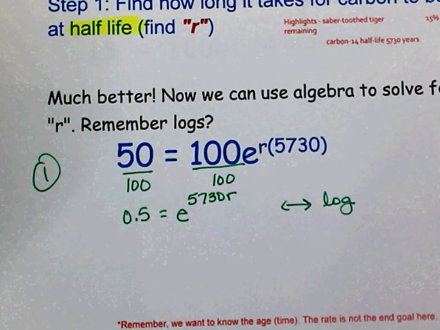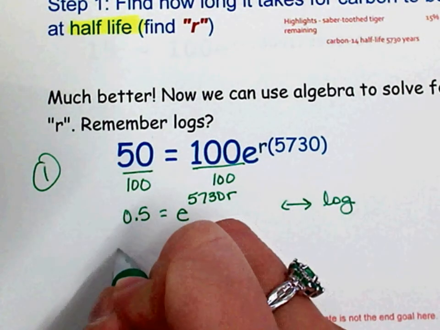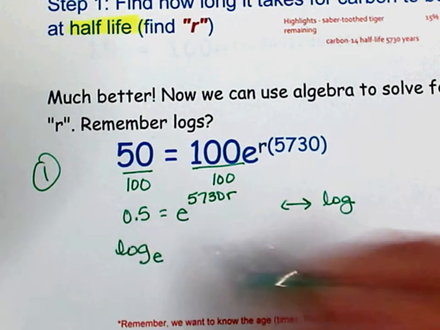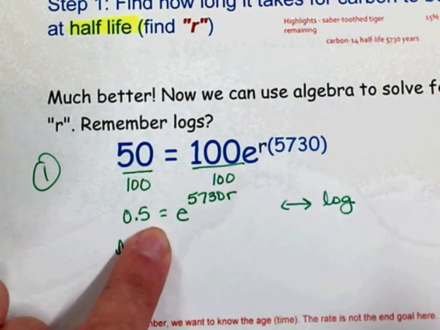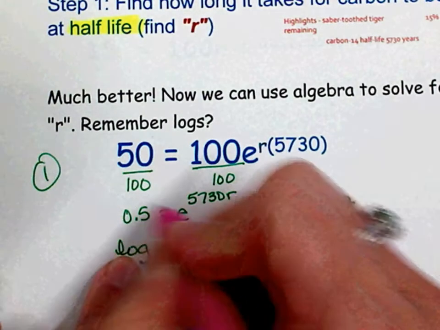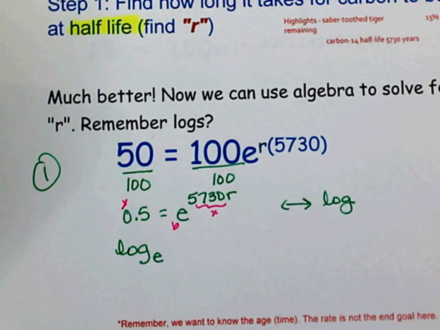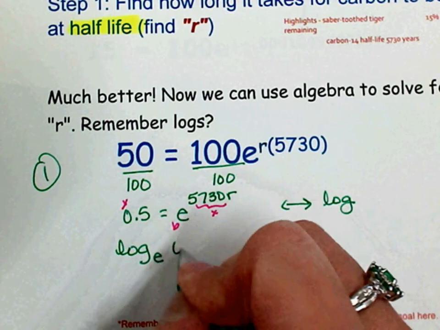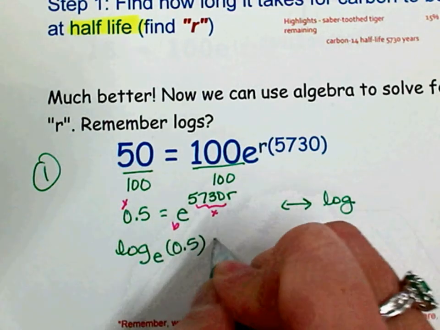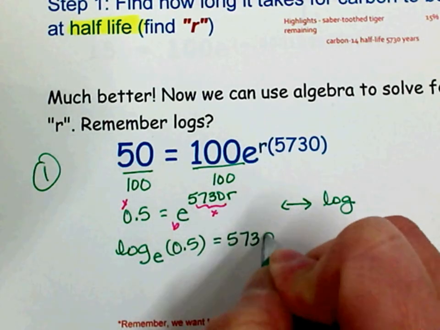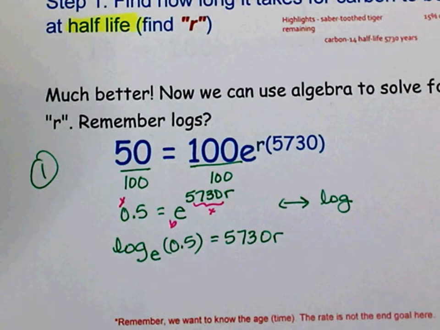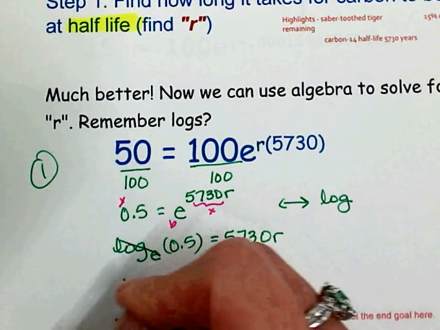Okay, so log base e: here's your base, here's your y, this is your x. Remember that? I'm going to rewrite it. Log base e of 0.5 equals 5730R.